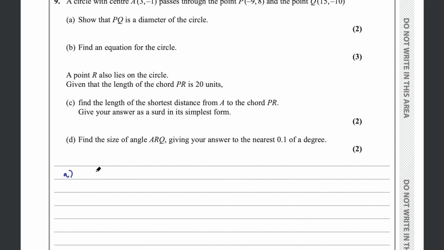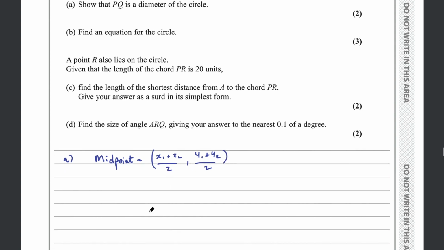So for part A, think back to GCSEs. How do we find the midpoint of a line? We need to do the average of those differences, right? So x1 plus x2 over 2 and y1 plus y2 over 2 will give us the coordinates of the midpoint.